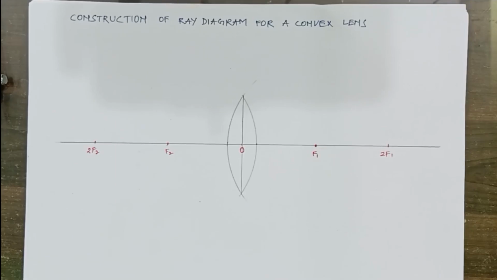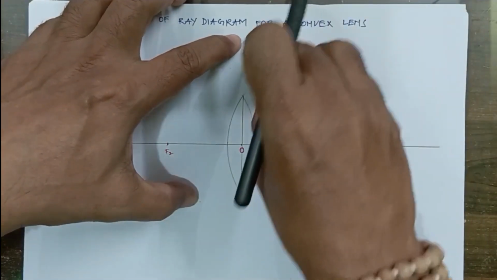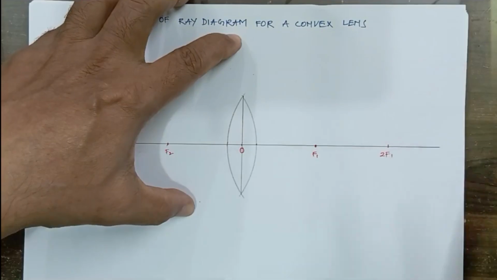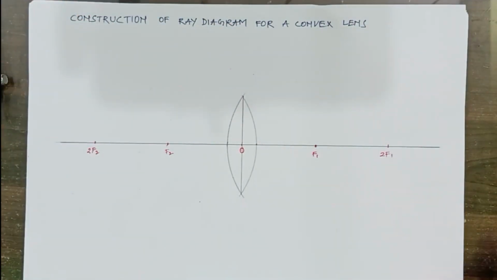So we are aware of three principal rays that help us to draw ray diagrams of lenses. The first principal ray is the one which is incident on the optical center of the lens and passes undeviated after refraction.